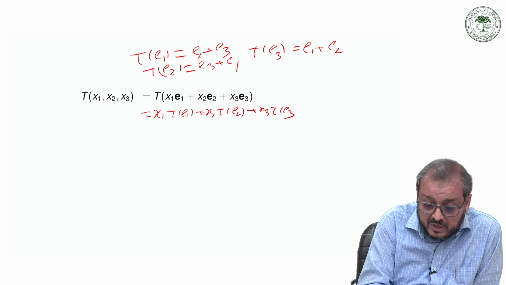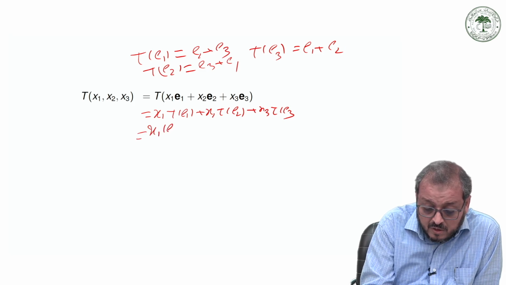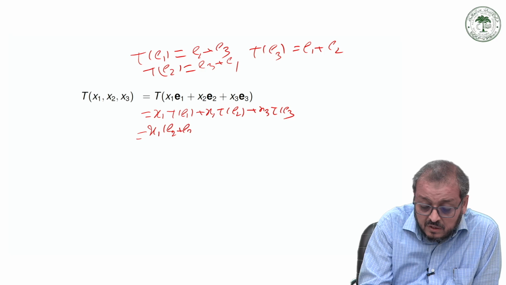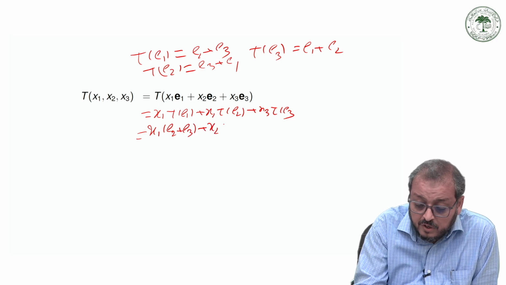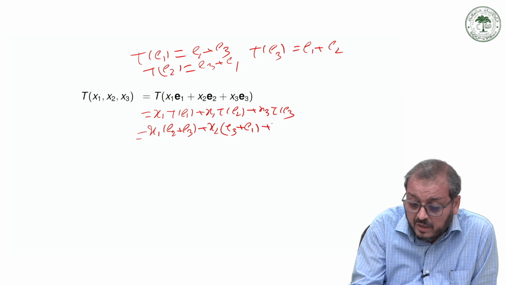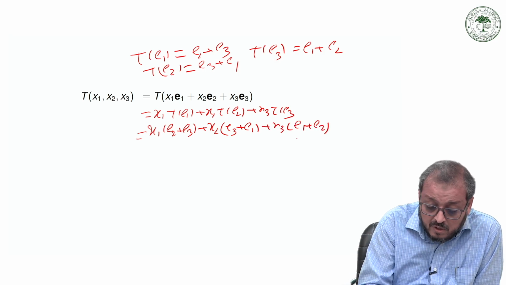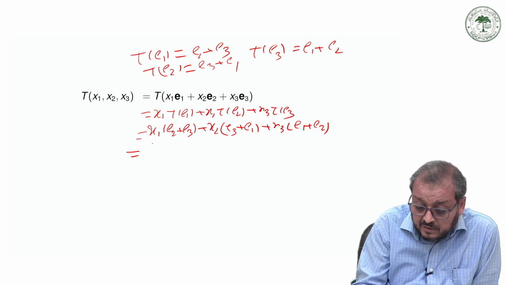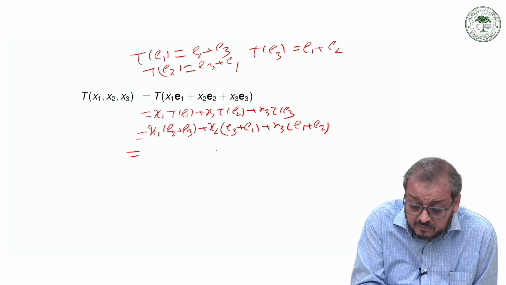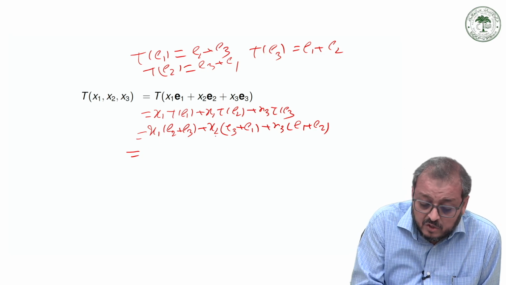Then we write T of E1 as x1 times E2 plus E3, T of E2 as x2 times E3 plus E1, and x3 times E1 plus E2. Now we gather all the coefficients into this form.